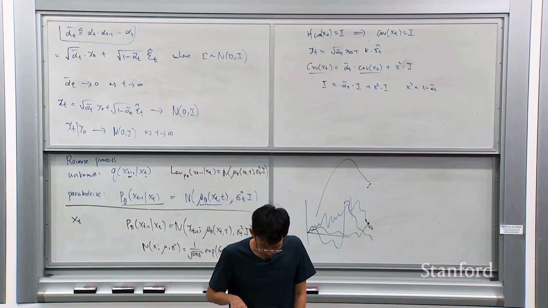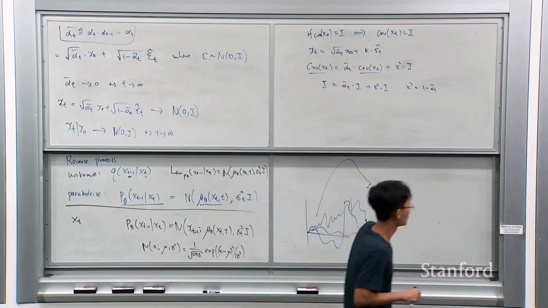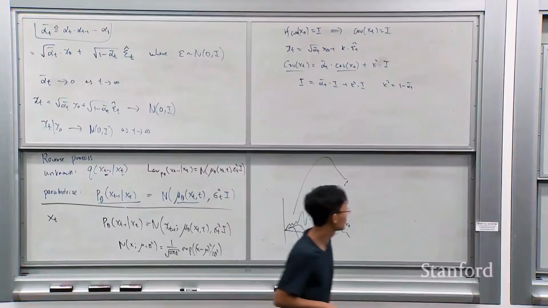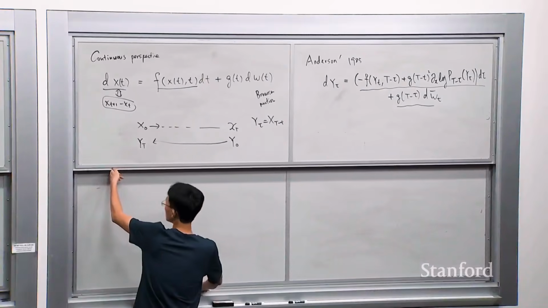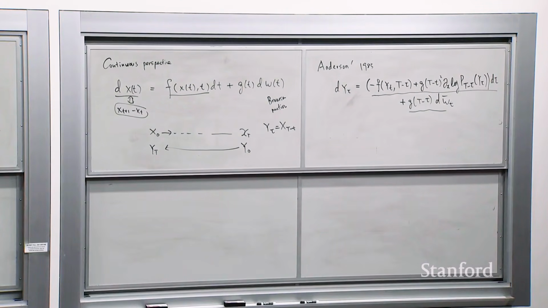Now, in the next 20 minutes, let's talk about how to learn diffusion models. Probably we won't be able to finish it exactly, but that's okay. How do you learn this?